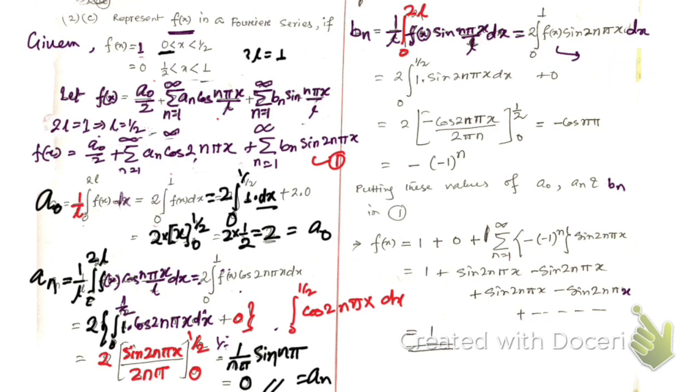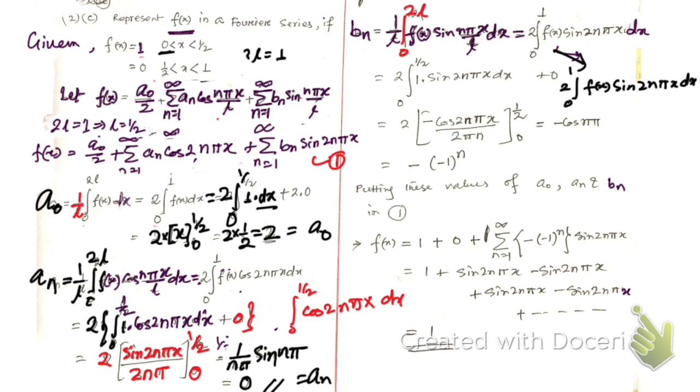Let me write it clearly. So this is 2 into integration from 0 to 1 of f of x sine 2n pi x dx, right?